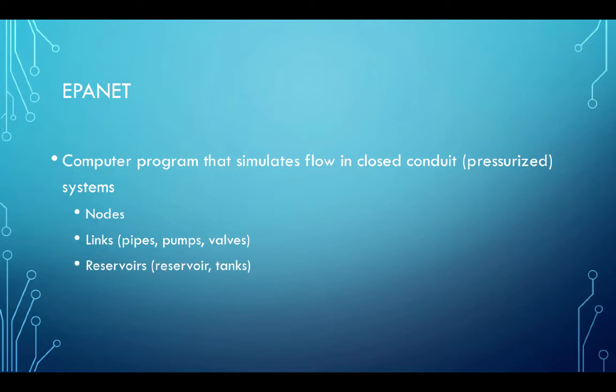And then there's a special type of node, which is a reservoir node or a tank node. Reservoir nodes are also known as fixed grade nodes, so we supply a value of total head, or think total pool elevation, and it's maintained constantly in the simulation. It doesn't change, and hence it can represent a large supply of water.